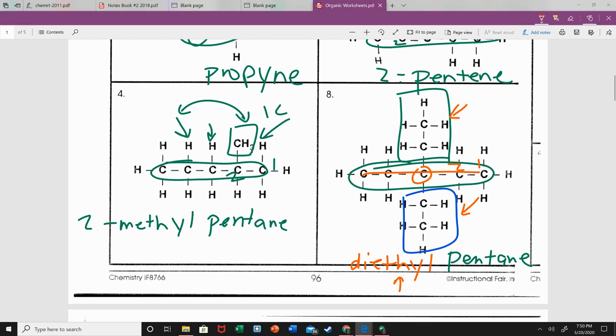So 1, 2, 3, or 1, 2, 3. So no matter which way I count, those 2 branches are coming off of carbon number 3. So then both need a number. So then I'm going to do 3, 3, and a little dash between numbers and words. So that's 3,3-diethylpentane.